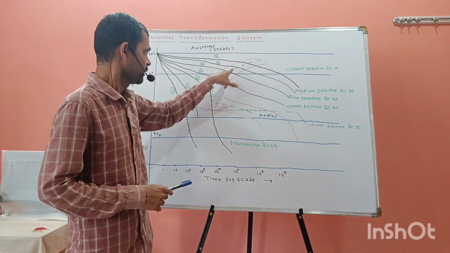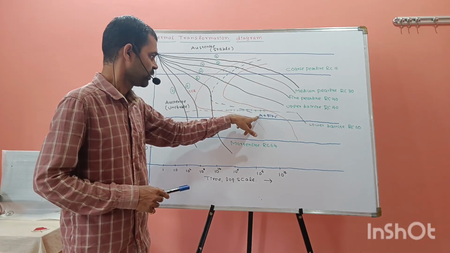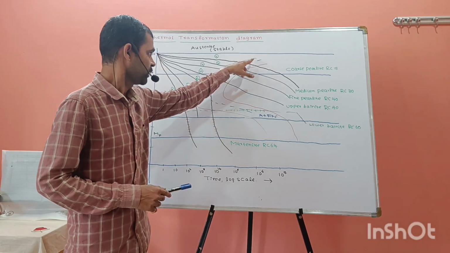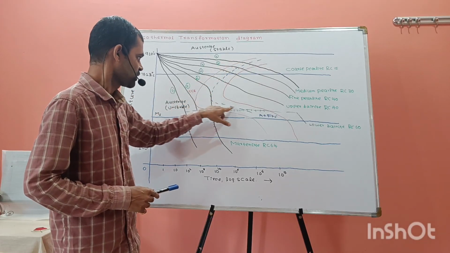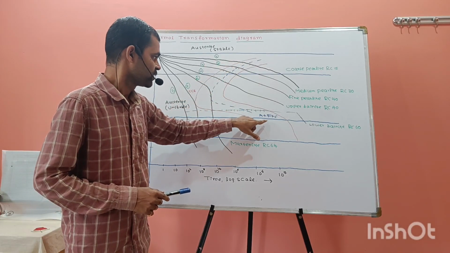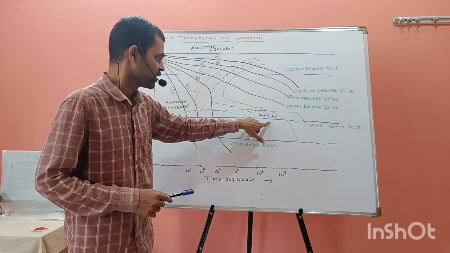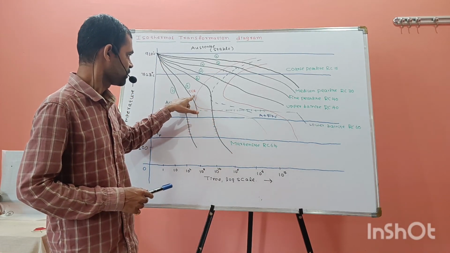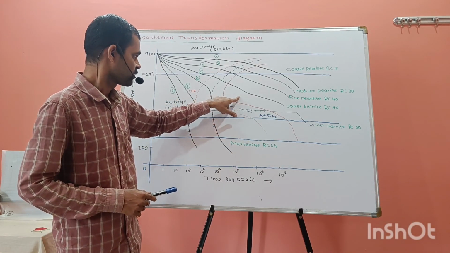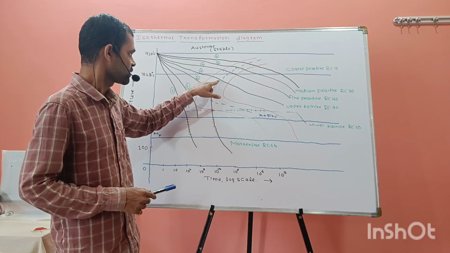This center line indicates A plus F plus C. Along this line there is a chance of three phases: austenite plus ferrite plus cementite. This is the beginning of transformation and this is the end of transformation, where these cross hatched lines are.